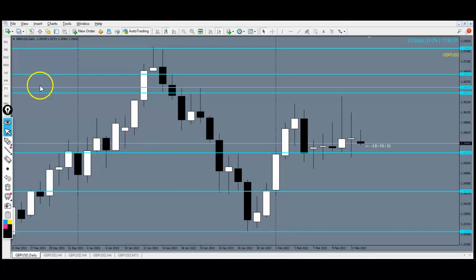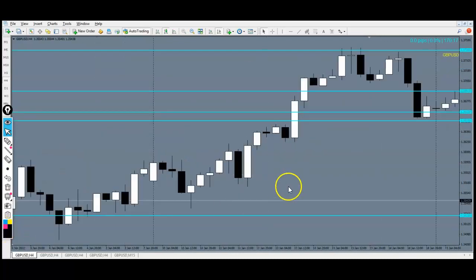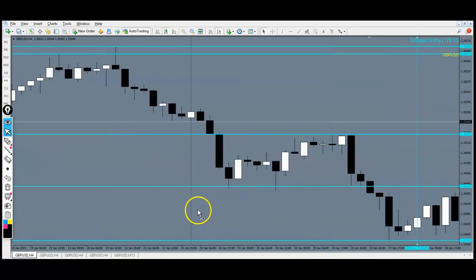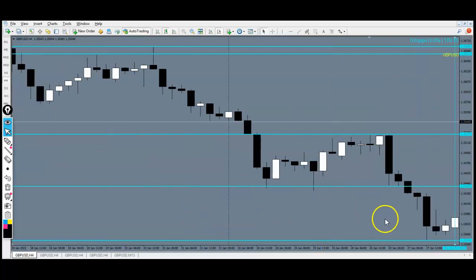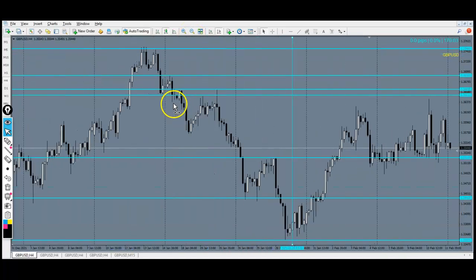Okay, so let's go to the 4-hour time frame. Let's mark this level. Actually this would be where the thing began to turn. So let's look at that on the 4-hour time frame. Okay, so let me zoom out again for us to see what happens.